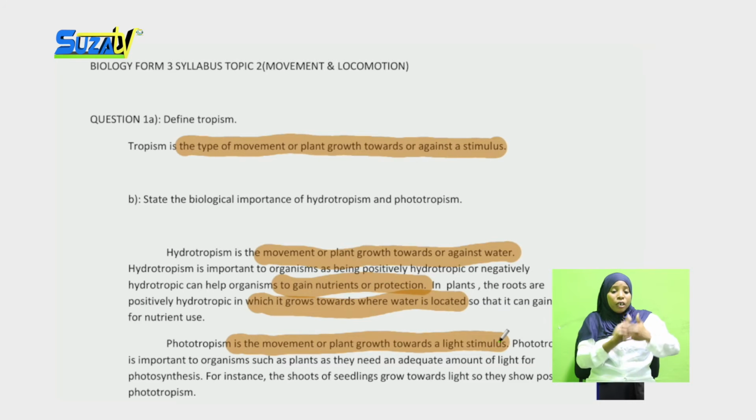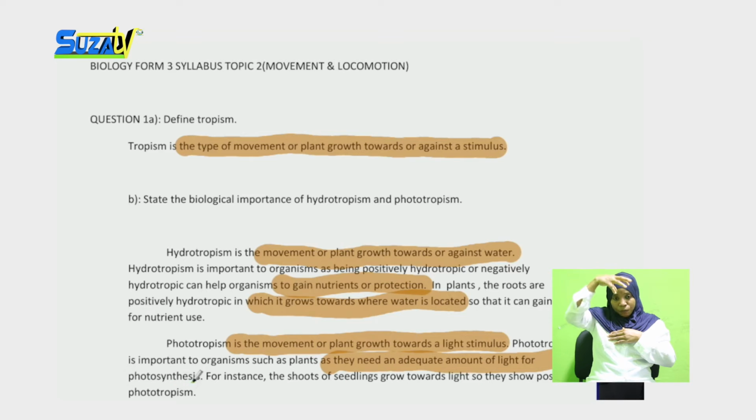Some organisms are positively phototropic while others are negatively phototropic. But phototropism is important to organisms such as plants, as they need an adequate amount of light for photosynthesis.